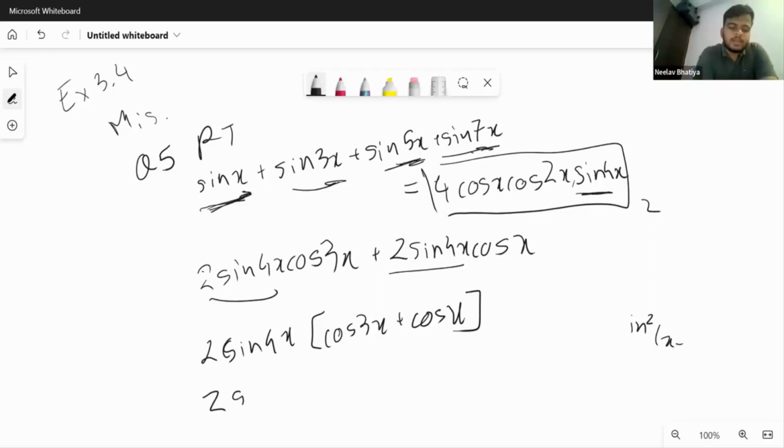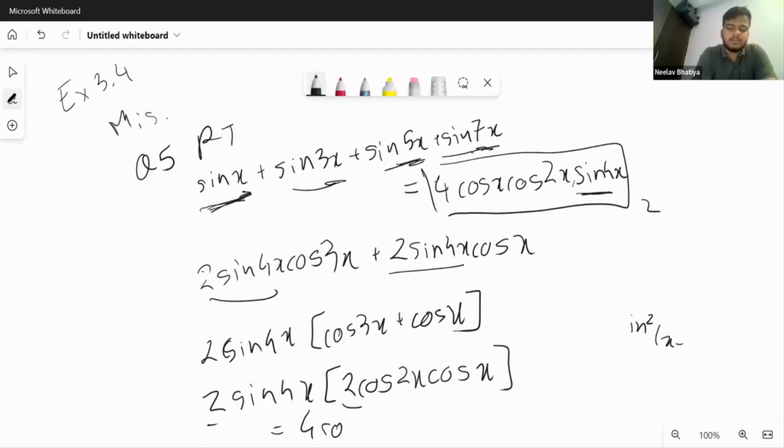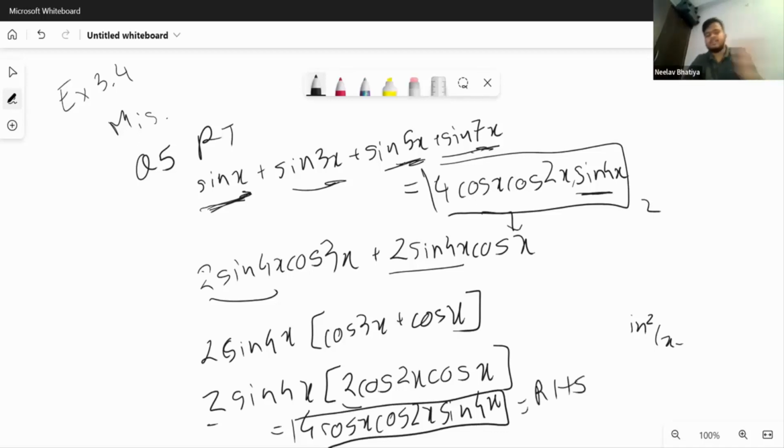I'll get 2 times cos (3x plus x) by 2, which is 2x, and cos (3x minus x) by 2, which is x. The 2 and 2 get multiplied. What I am left with is 4 cos x cos 2x sin 4x, which is nothing but your RHS. Hence the question is solved.